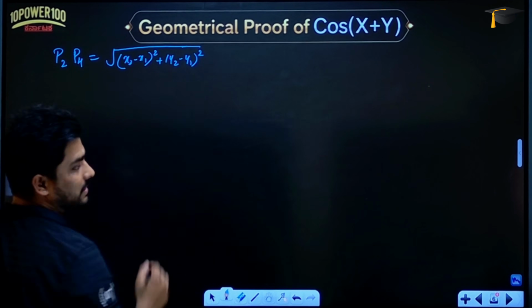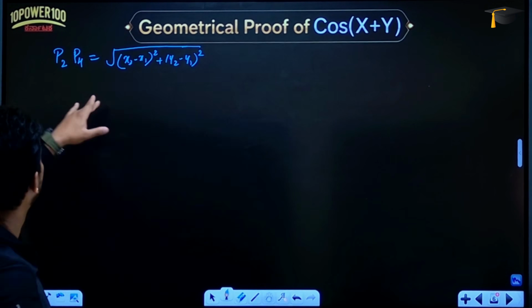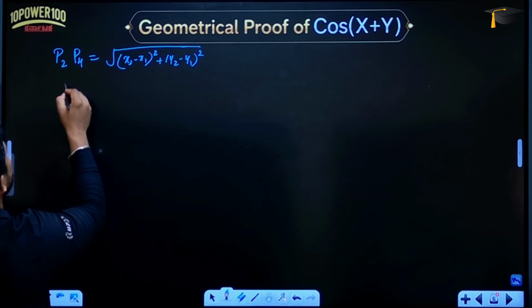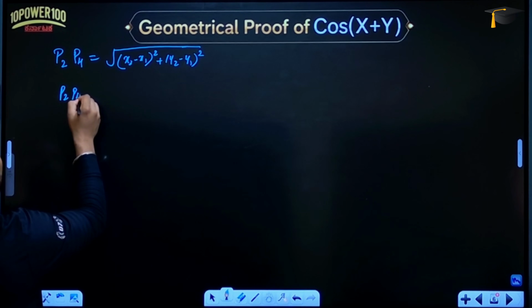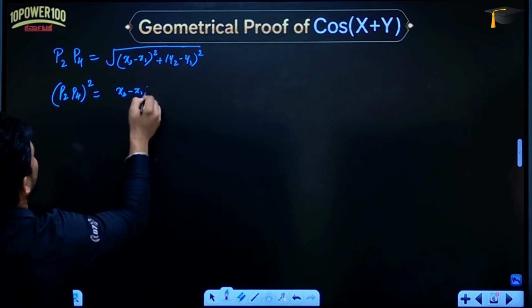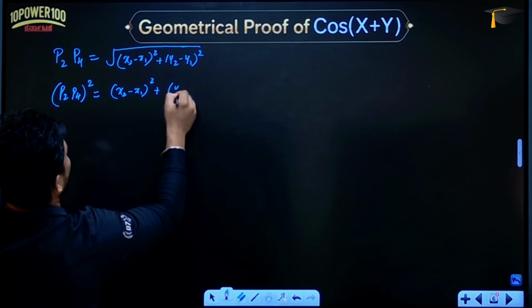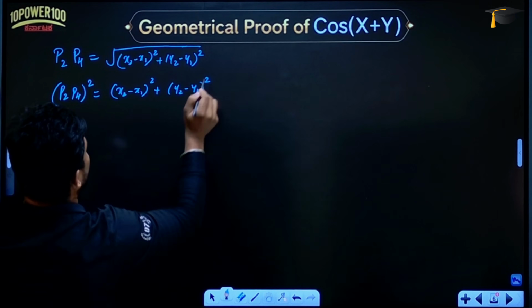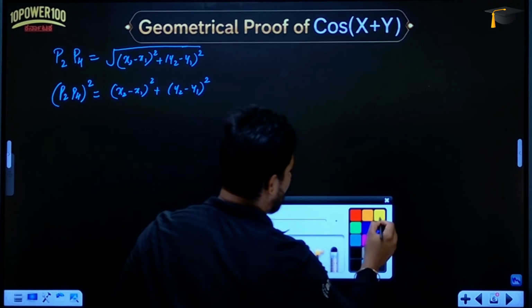In this case I don't want the root, so I'll just take P2 P4 the whole square is equal to (x2 minus x1) the whole square plus (y2 minus y1) the whole square. I take this formula. I hope this is understood.